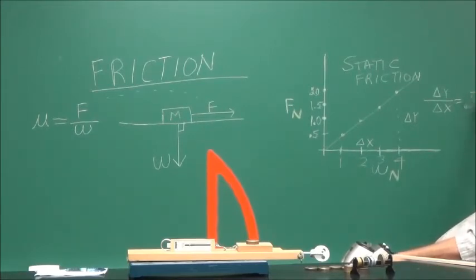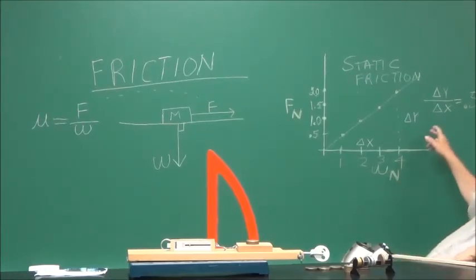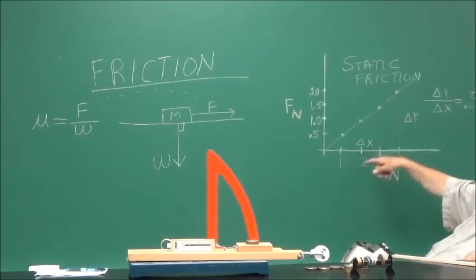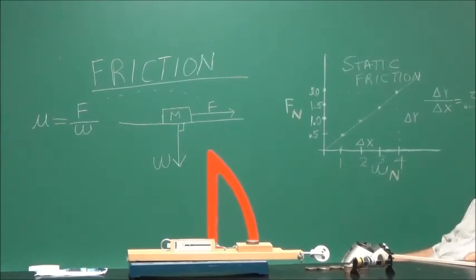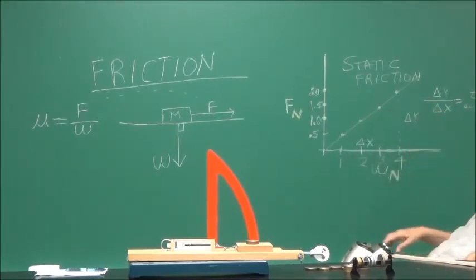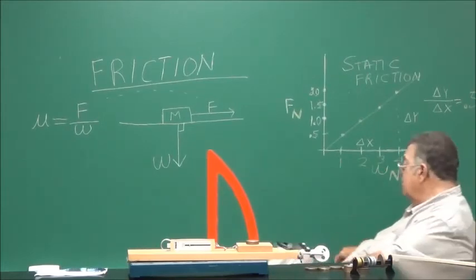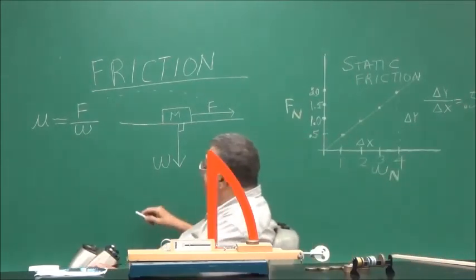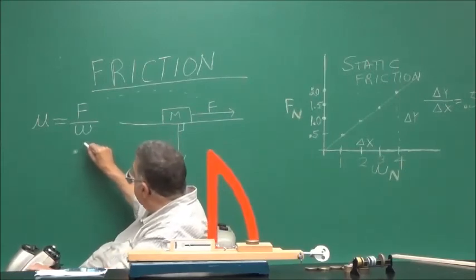If you do it for all those points, you'll see that the slope comes out to 0.5, which is a 45-degree angle. So to start this block moving, no matter what weight you put on it, it comes out to a linear relationship where it takes 50%, 0.5, of its own weight to get it started. So the coefficient of friction is 0.5 or 50%.